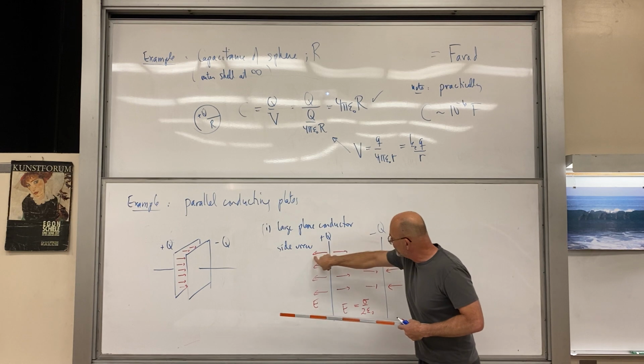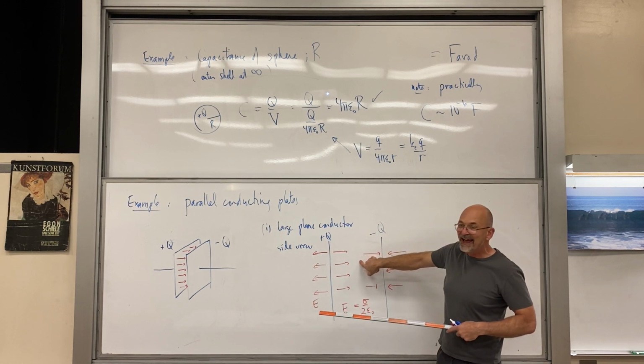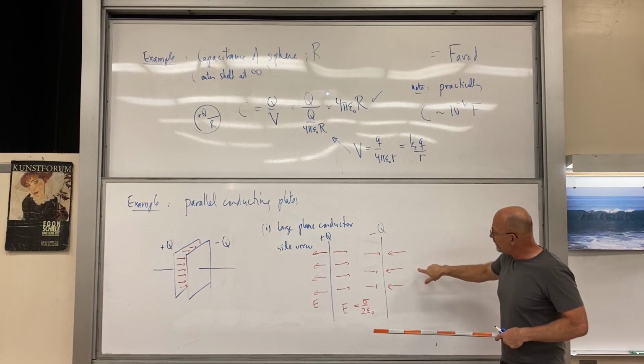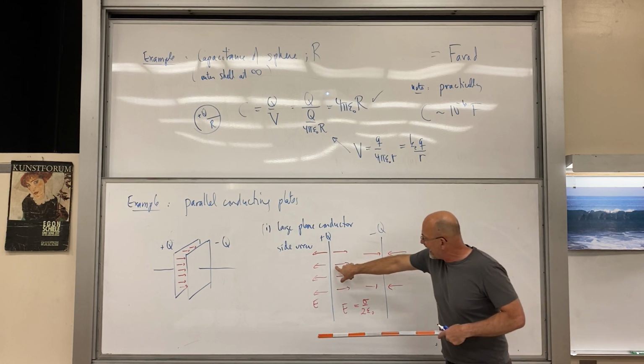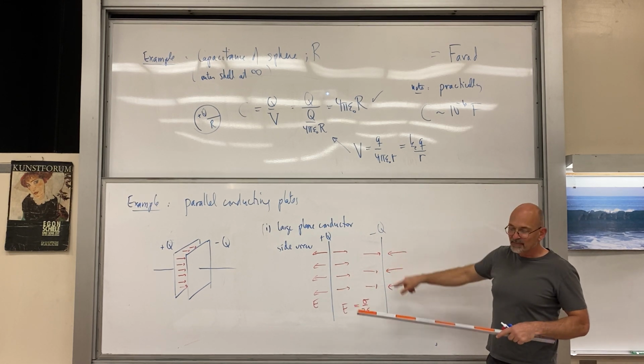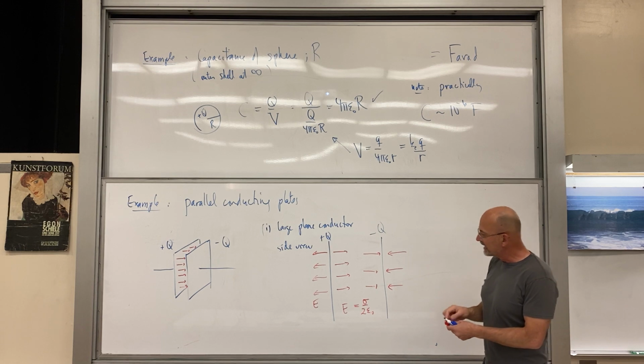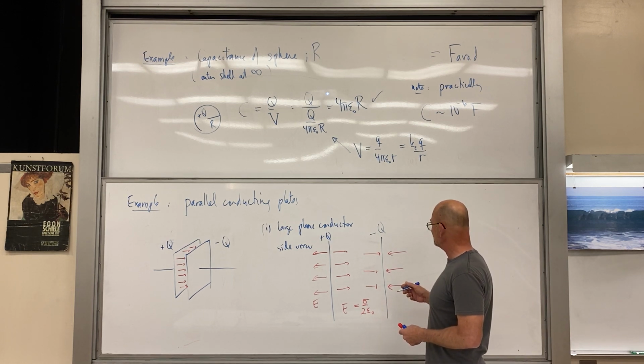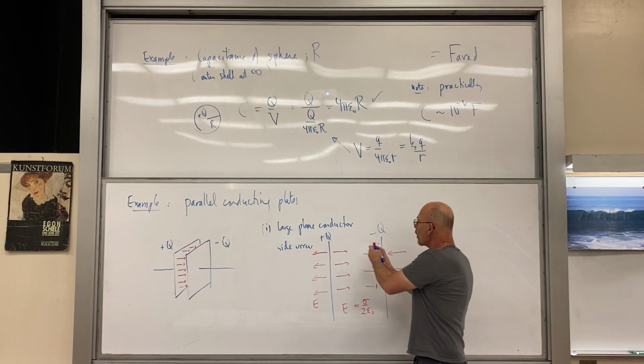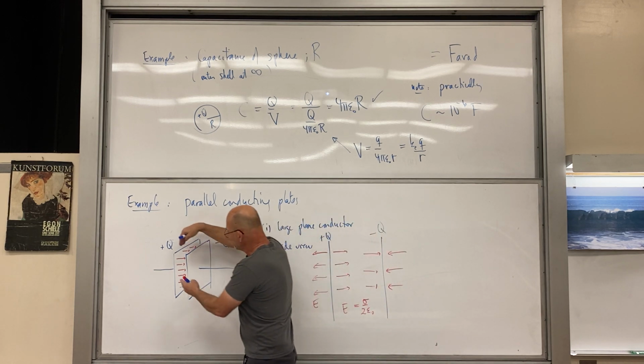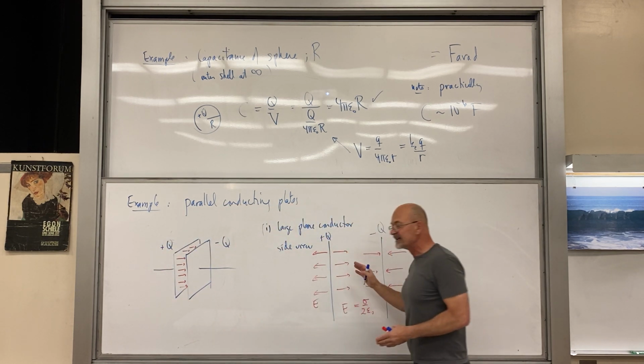So these two are equal and opposite and add to 0. Same thing on the right side. This one adds to that one and they add up to 0. So the result is that there's no field outside and twice the field inside.